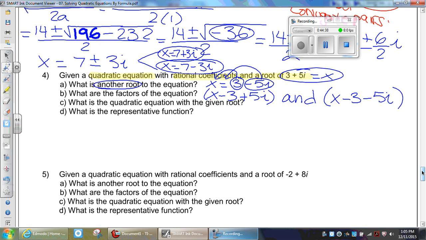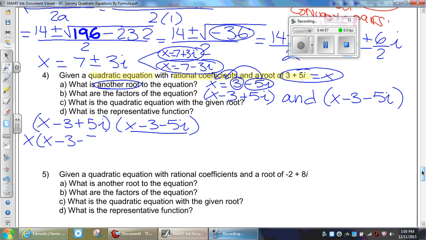What is the quadratic equation with a given root? And what we need to do here is actually multiply the factors, one times the other. So it will be something like x times everything here. Then minus 3, I'm taking this minus 3 times everything here.